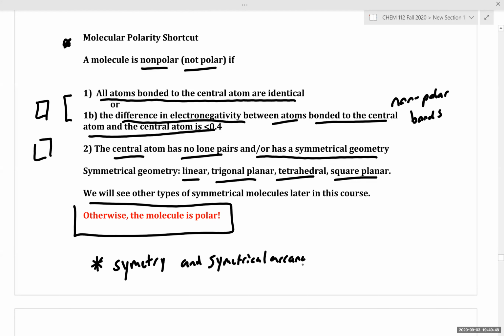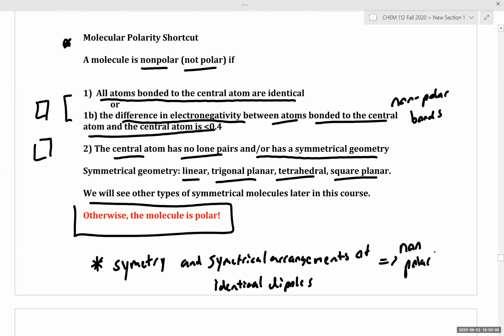Symmetrical arrangements of identical dipoles, symmetrical arrangements of polar bonds and bond dipoles leads to a non-polar molecule. We're going to see some examples of symmetry in this course where your bond dipoles are arranged in your molecule in a way that they cancel out.